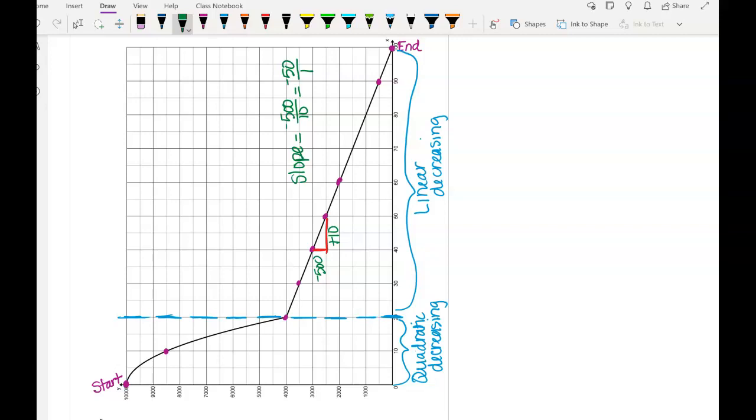The quadratic part is a little tougher. We don't have a lot of exact points to go from. We know we have 0, 10,000, 10, 8,500, and 24,000.